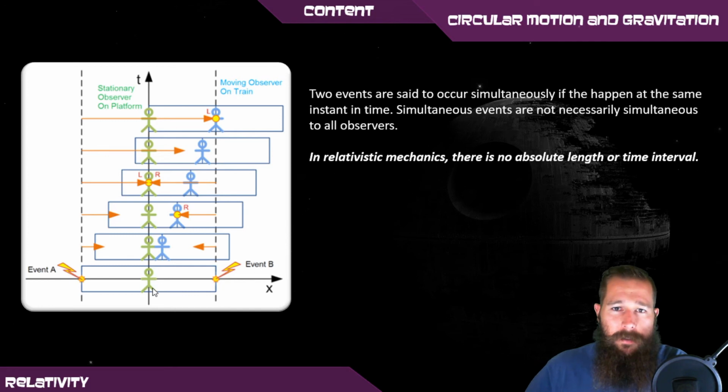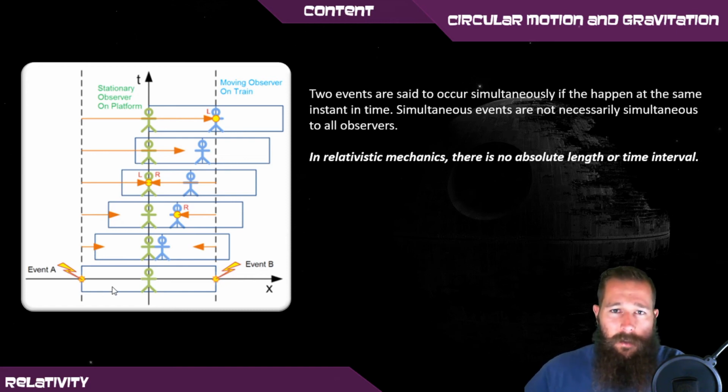For the person in green, they will observe both events A and B at exactly the same time because they are in the middle of the carriage position when both events occur. You can see this happens when these two orange arrows meet at the same time for the observer.